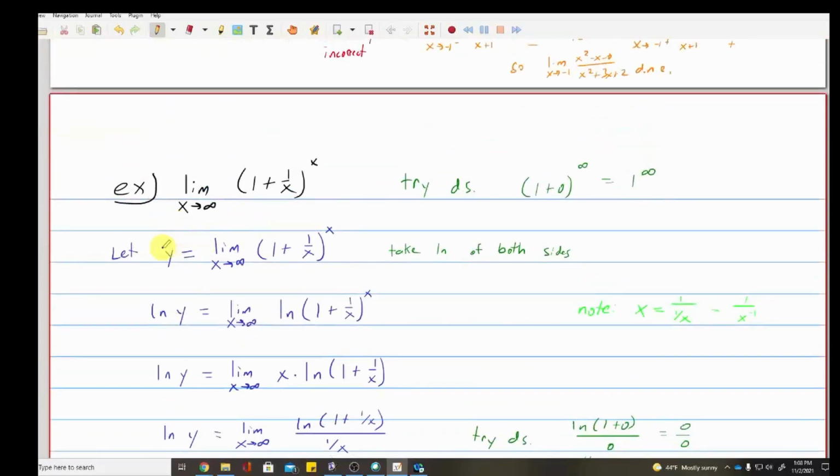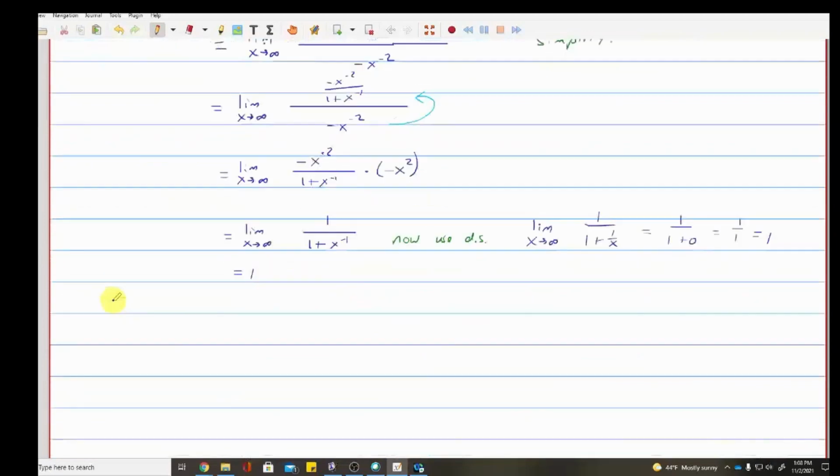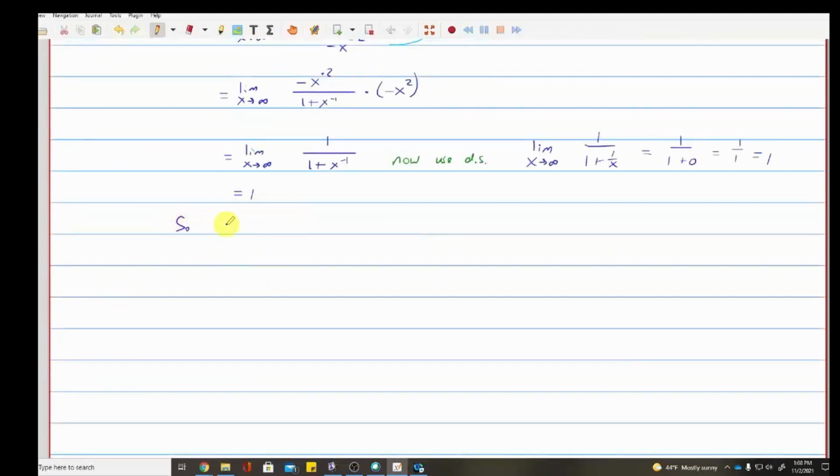My original limit was equal to y. So natural log of y is equal to 1. That tells me that y is equal to e to the 1, which is just e. So my original limit isn't equal to 1, it's equal to e.